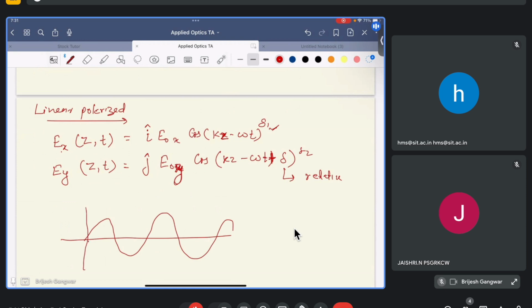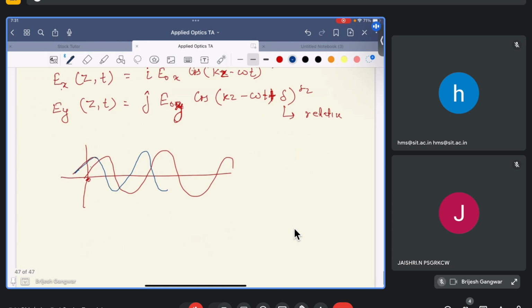If this is 0, it is traveling with some phase. So the other wave will travel like that. At some point the phase will be lagging from one to another. So what will be the resultant wave?